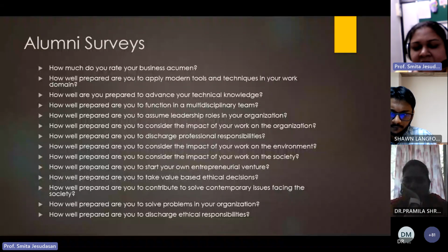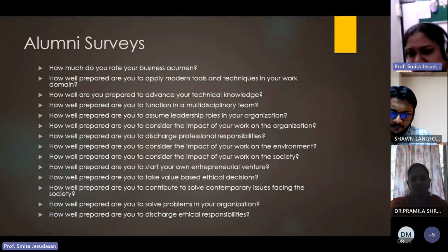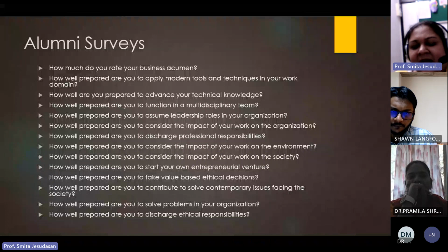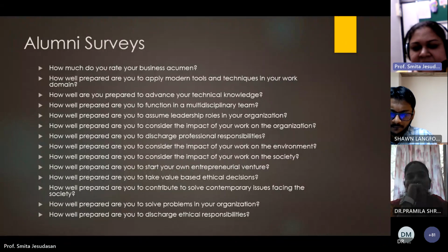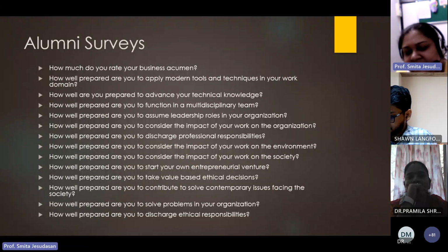Now, what we perceive is a person will take the initiative when he or she is confident. So whether we are equipping the students with knowledge, skills, and attitude so that they can progress on their own in the future, either to be a business leader, to be an entrepreneur, or to be a manager. So that is the purpose of having an alumni survey.